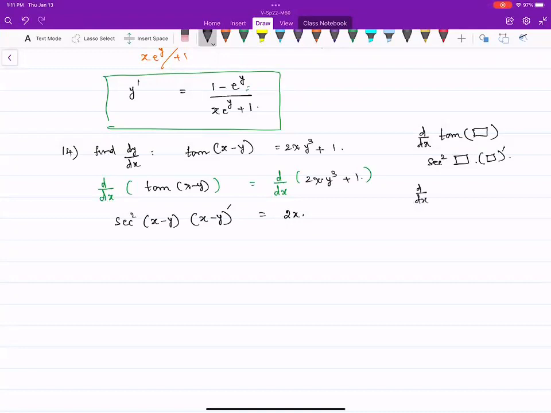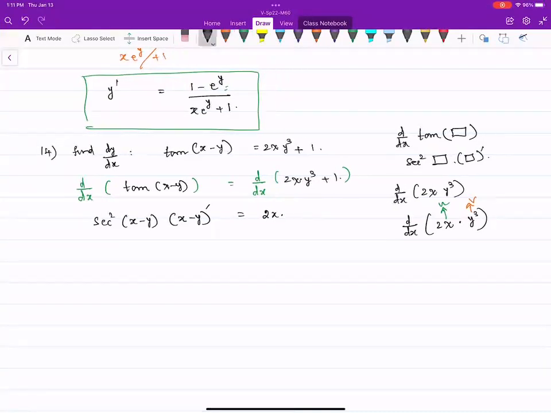So d by dx of 2x times y cubed: treat 2x as u and the other as v. It will be u v prime plus v u prime. So u, which is 2x, times v prime, which is (y cubed) prime, plus v, which is y cubed, times u prime, which is (2x) prime.